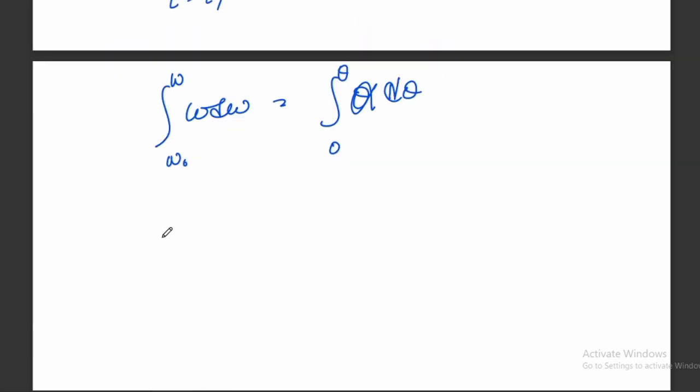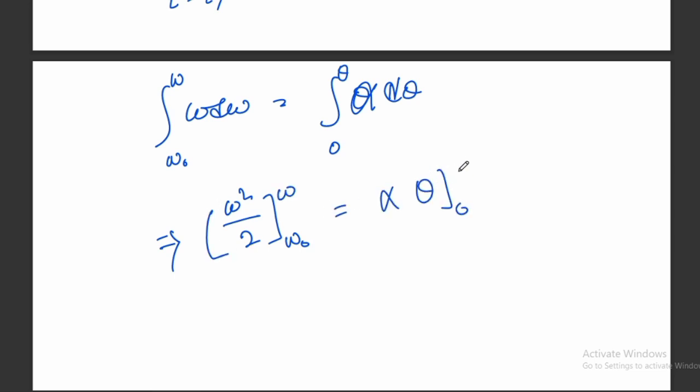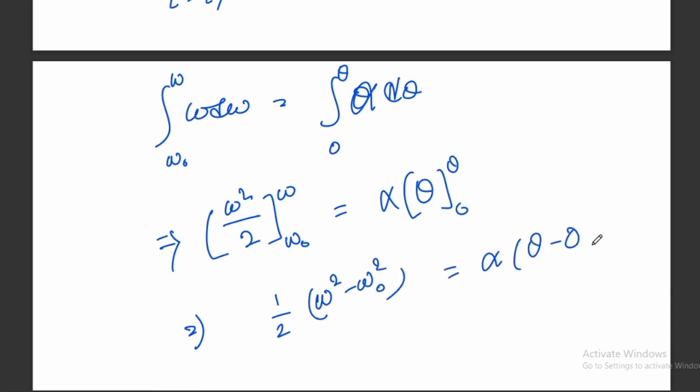Integration of omega d omega is omega square by 2, with limits omega naught to omega, and alpha will be outside, so integration of d theta from 0 to theta. So this will be half of omega square minus omega naught square equals alpha theta minus 0.